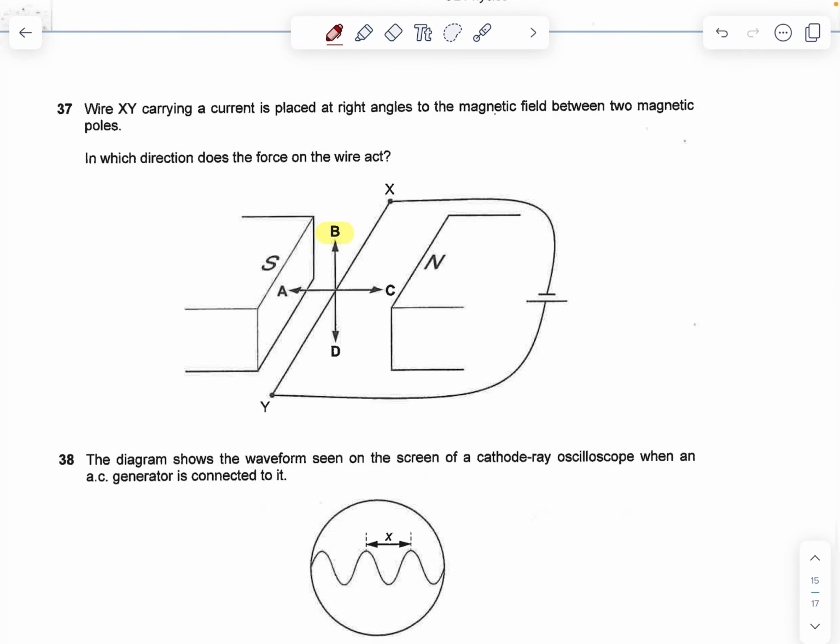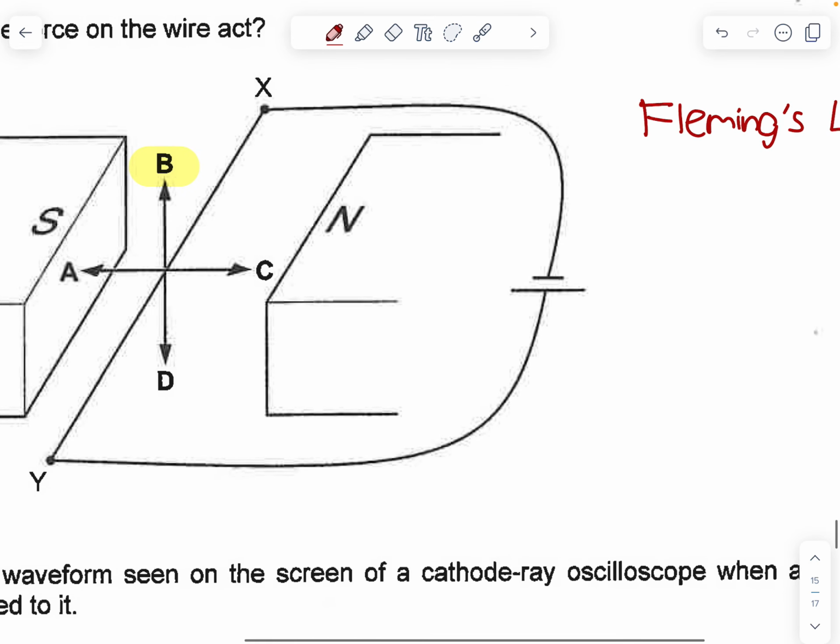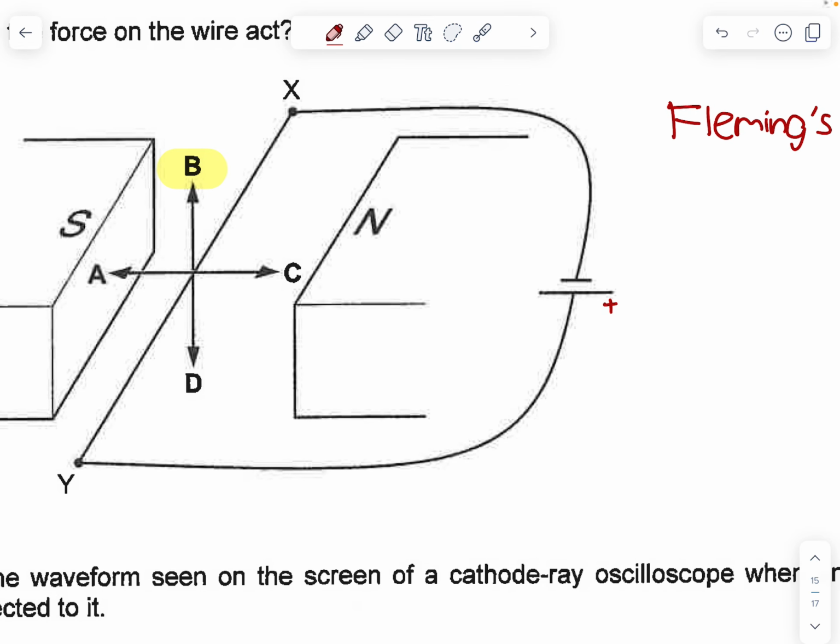Question 37. The wire carries a current at right angles to the magnetic field between two magnets. Which is the direction of the force? So here we will use Fleming's left hand rule to find force. So here the current flows from positive terminal to negative. We're always talking about conventional current flow. So I is in this direction. So the magnetic field.